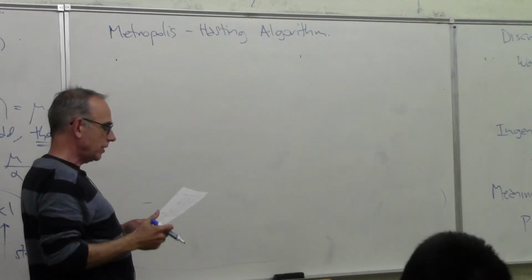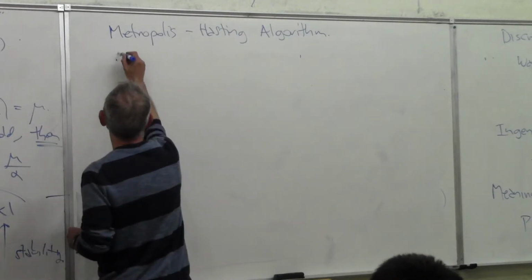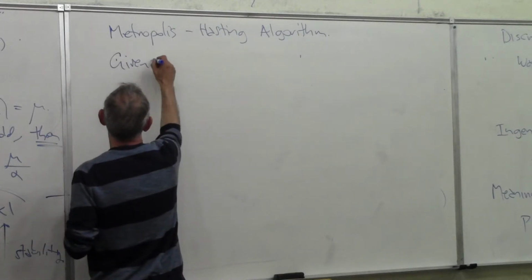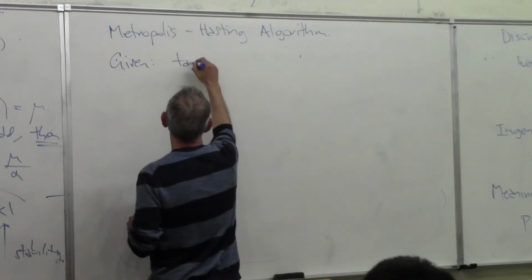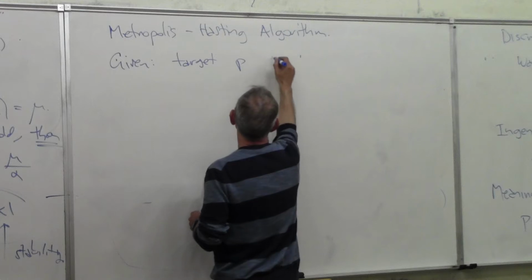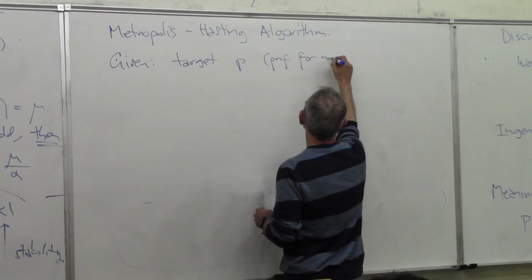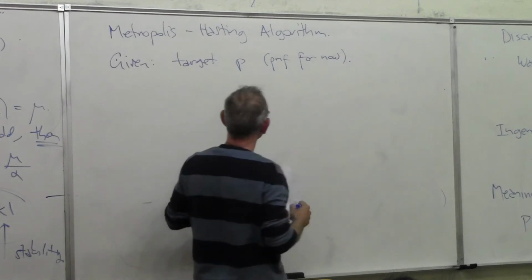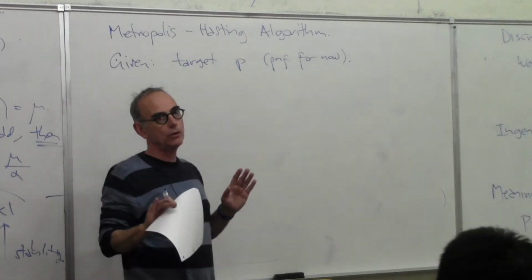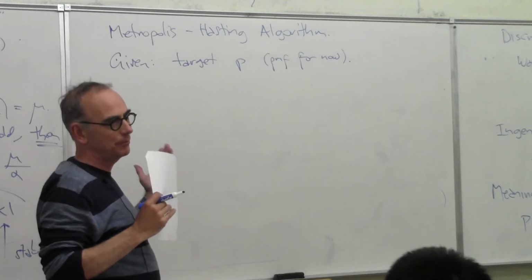We've got our target distribution P. And again, I'm going to choose it to be a probability mass function for now, just because it's easier to write things down. And then I'll explain the algorithm.